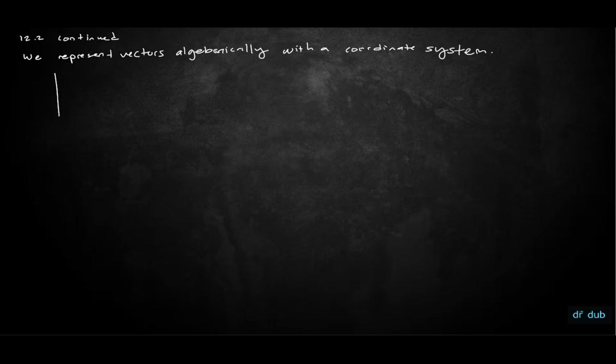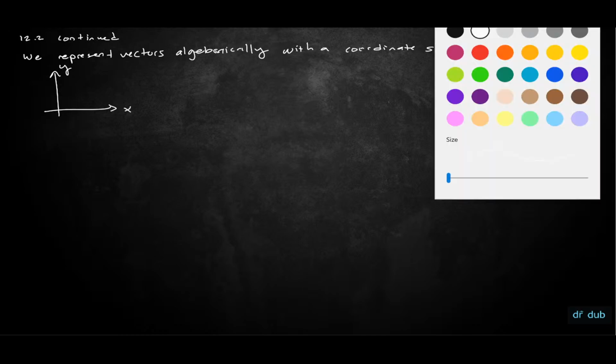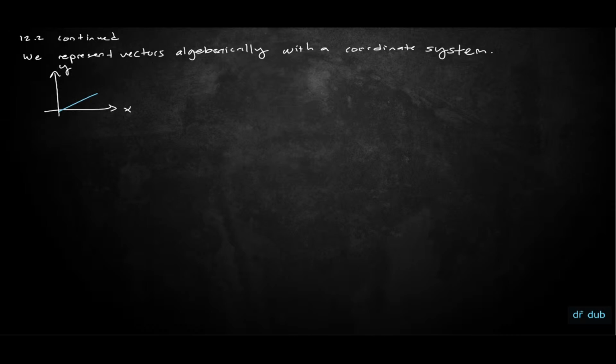If we look at the XY coordinate system, and we throw a vector v in there, it's going to be a certain amount in the x direction, call it v sub x, and a certain amount in the y direction, call it v sub y. Whenever we have a vector in 2 dimensions, it has 2 components: an x component and a y component. How far to go over in the x direction and how far to go over in the y direction.